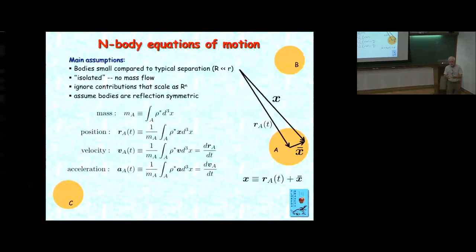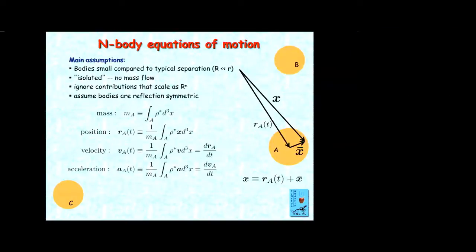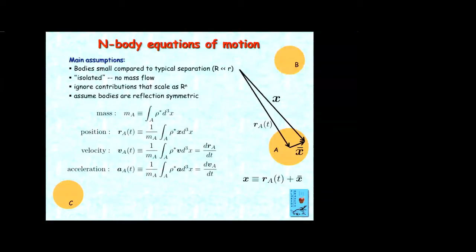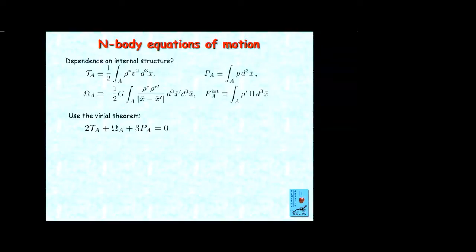So we take all these potentials, expand them about the centers of mass of each body, but we have to do a bunch of integrals within each body to get the full equations of motion. And it turns out that when you do that, you get some surprising terms that you wouldn't have gotten in Newtonian theory, because these are all post-Newtonian terms.